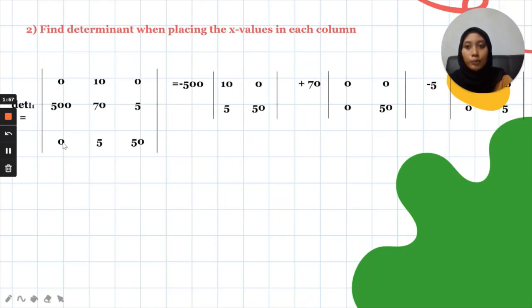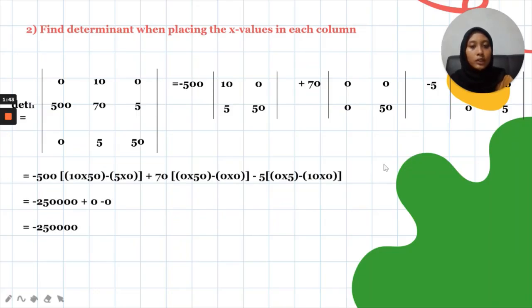Next, we need to find the determinant when placing the x value in each column. First, we put the x values in the first column. We change the original first column into the x values, and then as usual we find the determinant by using the same way as before. I use the second row to find the determinant, and this is the answer: negative 2,500,000, negative 250,000 and negative 250,000.